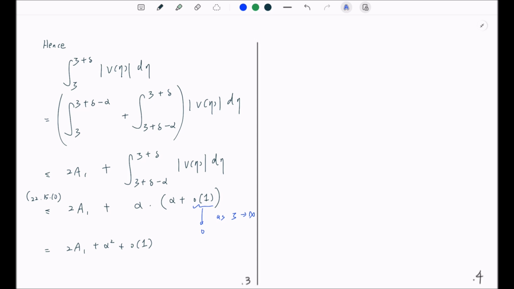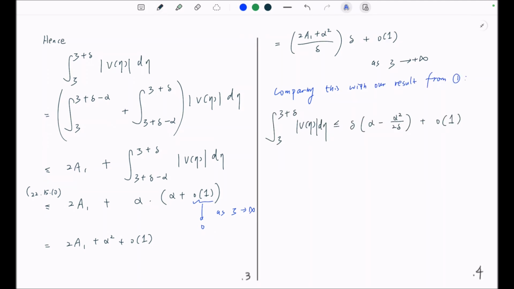And now let's do a small trick by pulling out a delta from here, as we have done at the end of case number 1. Now we compare this with our result from case number 1. This was what we obtained from case number 1.